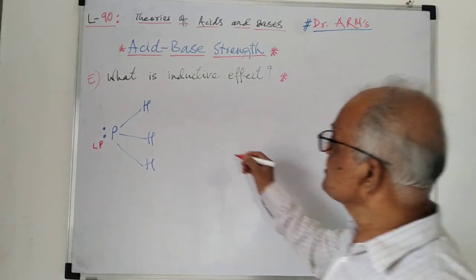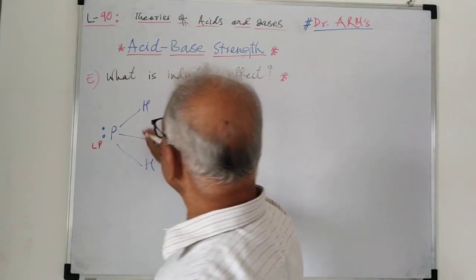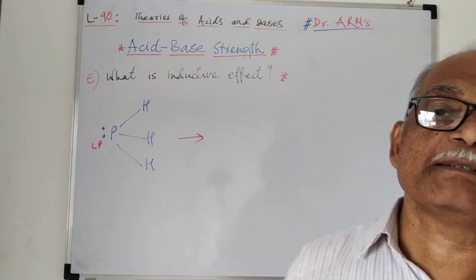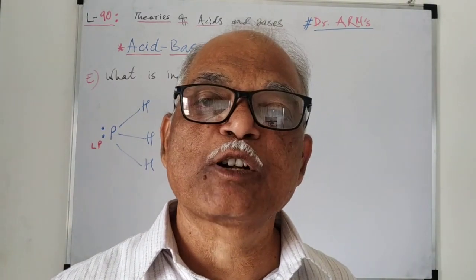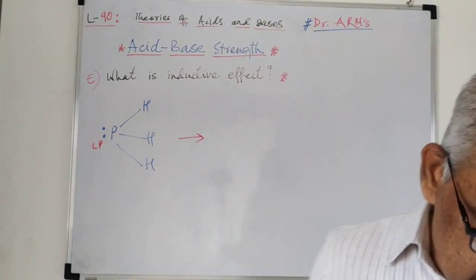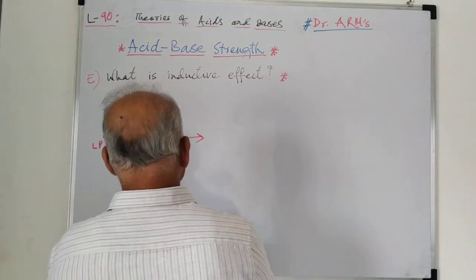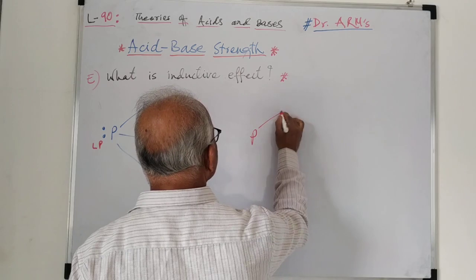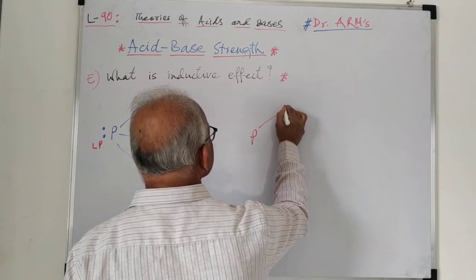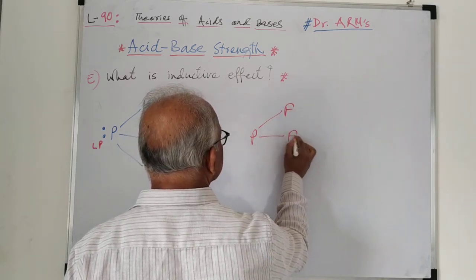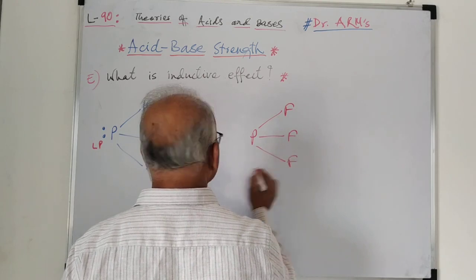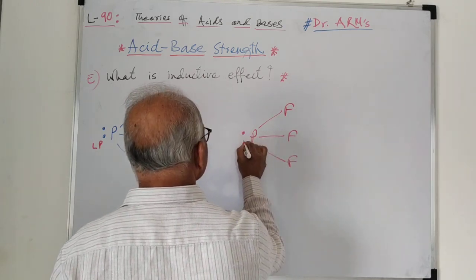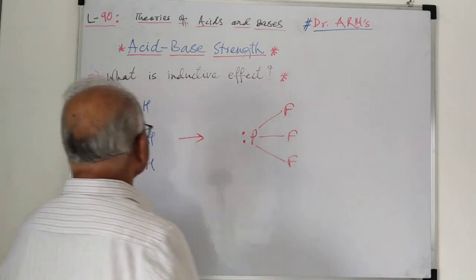Here, if we see that these hydrogens are replaced by same number of fluorine atoms, then we can get a different structure. So we can get this phosphorus attached to fluorine, and with this electron pair.